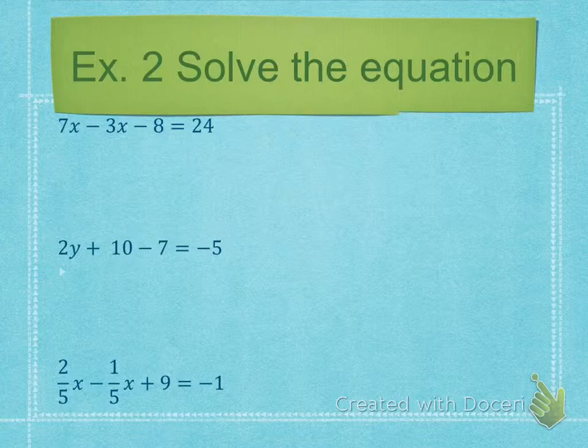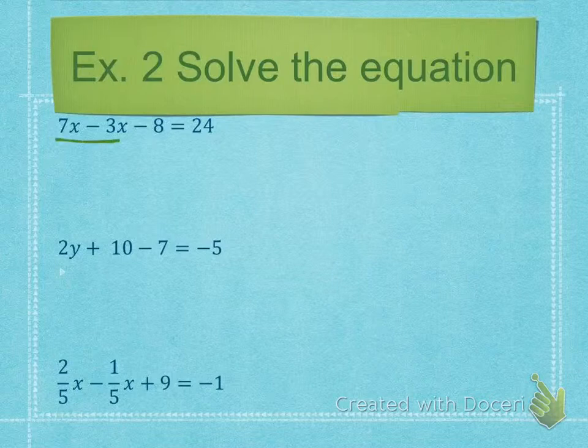Okay? Jensen, what are my like terms in this first problem? 7x and negative 3x. Okay, and negative 8 and 24. So I've got more than one pair of like terms. That's perfect, okay? In order to combine 7x and negative 3x, would I need to go, okay, plus 3x plus 3x?